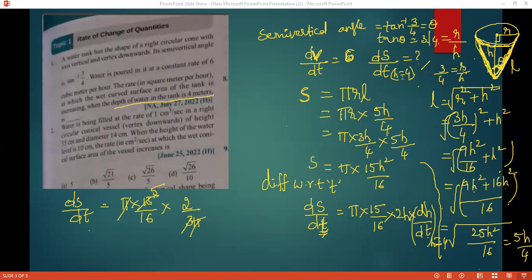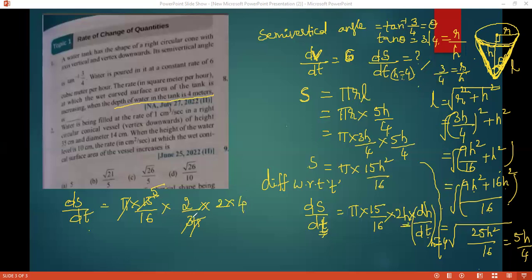So ds by dt is equal to pi into 15 by 16 h square, where h square gives 2h into dh by dt at h is equal to 4. dh by dt at h is equal to 4 is 2 by 3 pi. And here, if h is equal to 4, we have to substitute in this 2h, so 2 into 2 into 4.